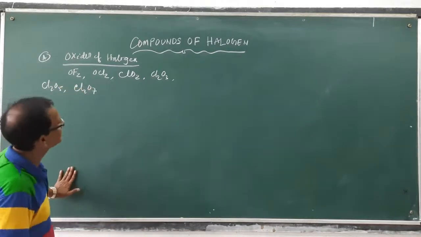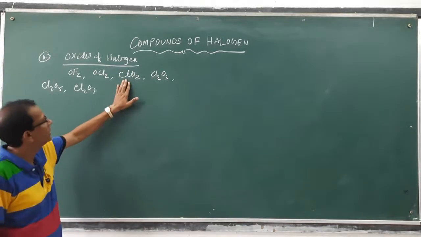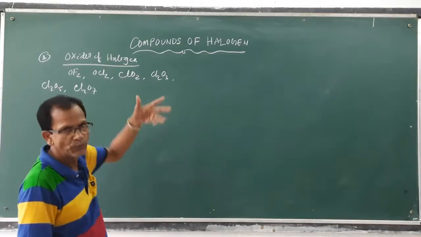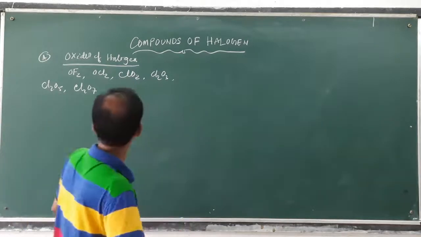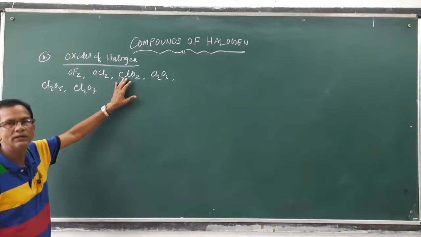These are some important oxides of halogen. You can replace chlorine by bromine or iodine also. These are some important oxides, mainly of chlorine.